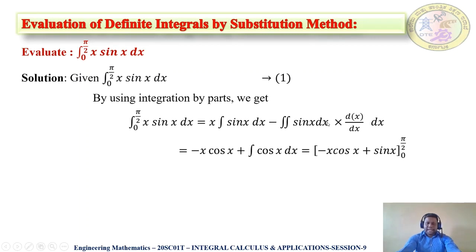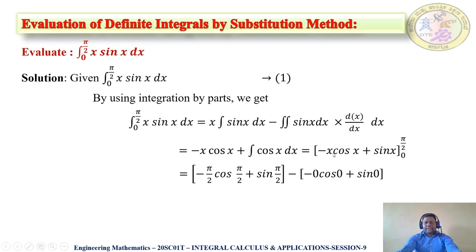Then here again integration of sin x is minus cos x, so it becomes minus into minus, plus integration of cos x. dx by dx is 1, so we get integration of cos x dx. Therefore, integration of cos x is sin x. Finally, we get minus x cos x plus sin x between the limits 0 to pi by 2.